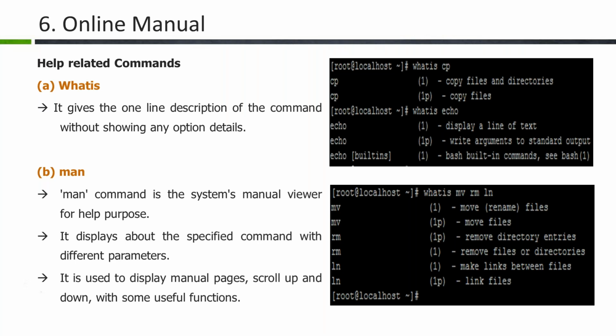Other details it will not display. How to write the syntax and the parameter names we will not get in whatis. So all are using the man command for help purposes.